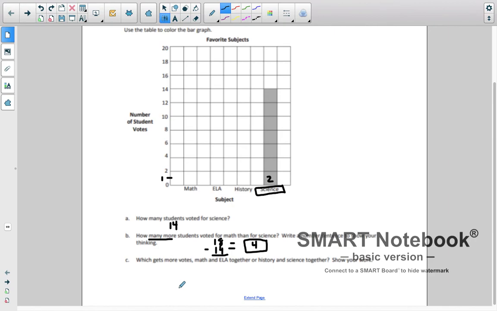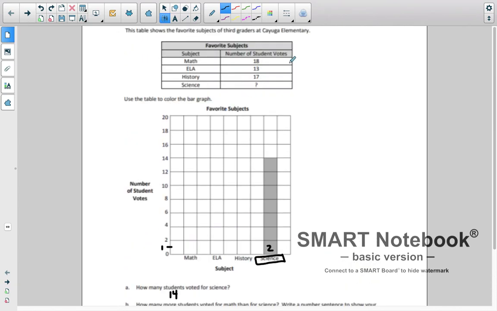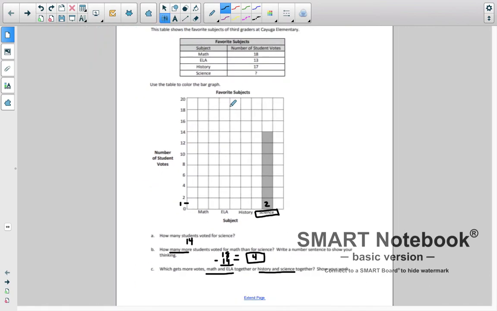Now let's look at C. Which gets more votes? Math and ELA together, I'm going to underline that because that's important, or history and science together. So when it says together, we know we're going to add. So let's see. For math, there were 18 people, and I'm looking at this table right here to help me. For math, I know there was 18 people, and for language arts, there was 13 people.